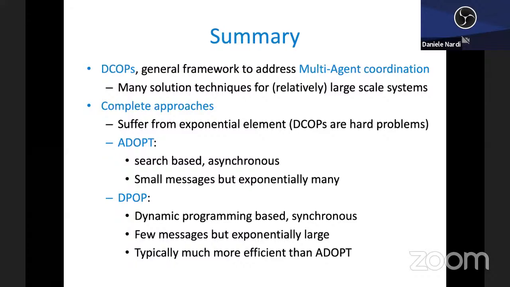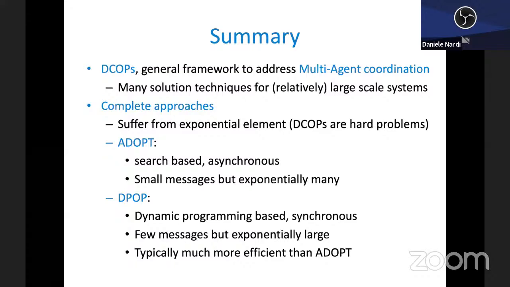We have gone in depth on the DPOP algorithm, which is one of the most efficient solutions for this problem, where the exponential nature of the problem is reflected in the exponential size of the messages, while the number of messages is linear, and the problem is arranged in such a way that the nodes are considered only twice in the overall computation of the solution.